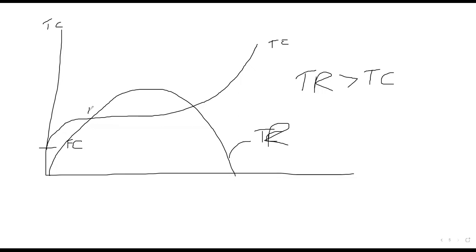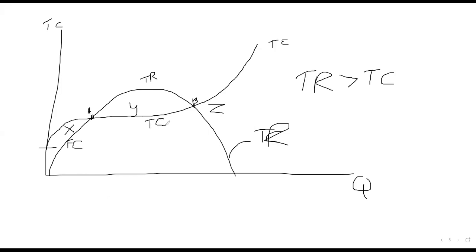So we have point A, point B. Can somebody tell me which point denotes the profits? X, Y, and Z. At which point are we making more revenues than our costs? At Y. So at Y, the profit is being made because the total revenue here is exceeding our total cost here.